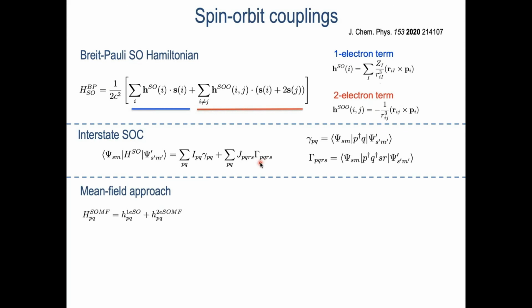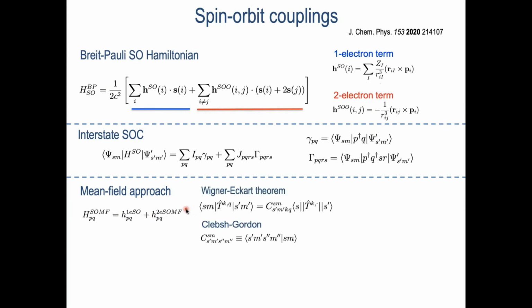But here what we do is we apply a mean-field approach to this two-electron contribution, and as has been done for the equation-of-motion coupled cluster methods in Q-Chem, we make use of the Wigner-Eckart theorem, where we have this density matrix and the Clebsch-Gordan coefficients, and these allow us to define a spinless triplet transition density matrix, where basically we have the difference between the alpha-alpha and beta-beta blocks of the transition density matrix.